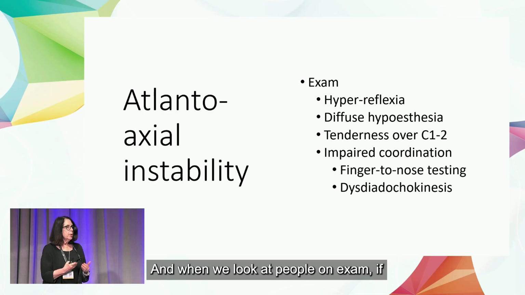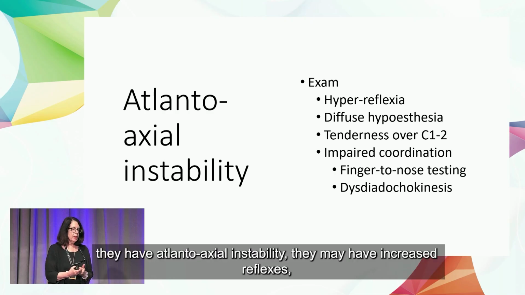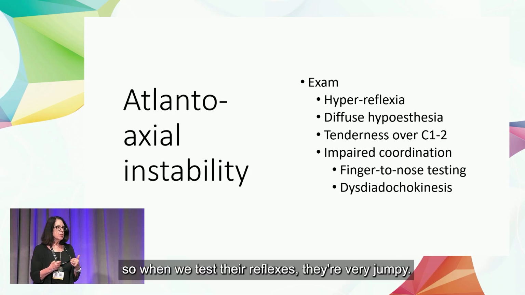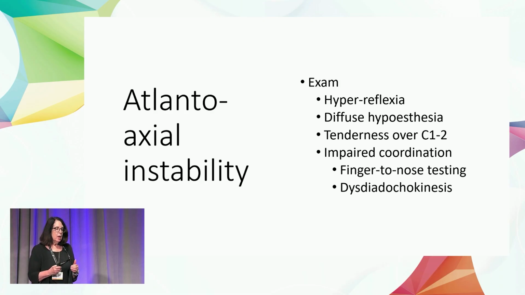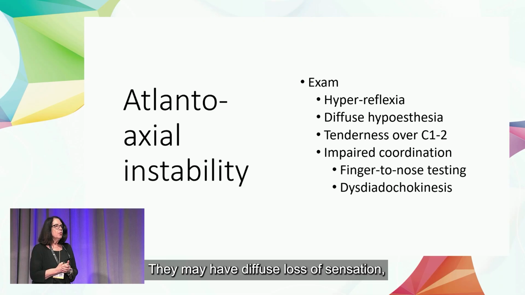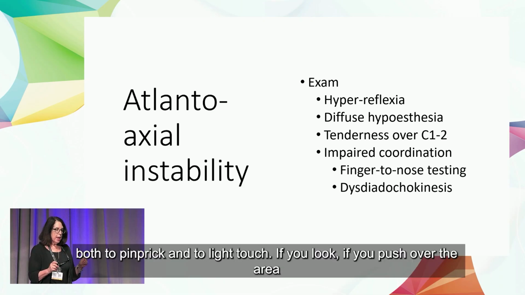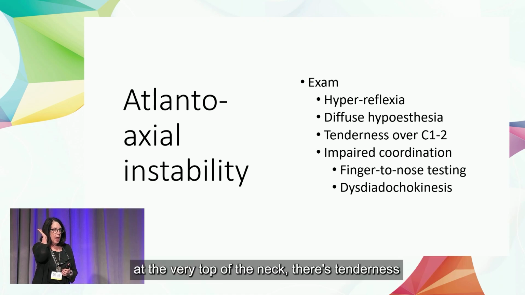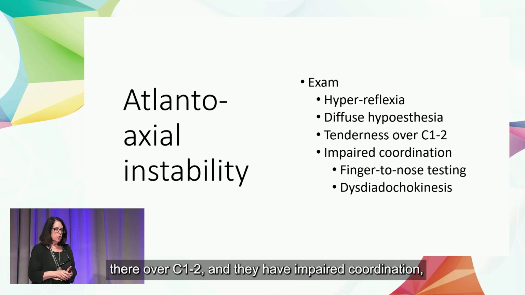And when we look at people on exam, if they have atlantoaxial instability, they may have increased reflexes. So when we test their reflexes, they're very jumpy. They may have diffuse loss of sensation, both to pinprick and to light touch. If you push over the area at the very top of the neck, there's tenderness there over C1-2, and they have impaired coordination.